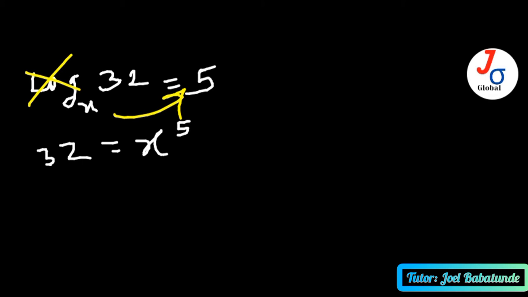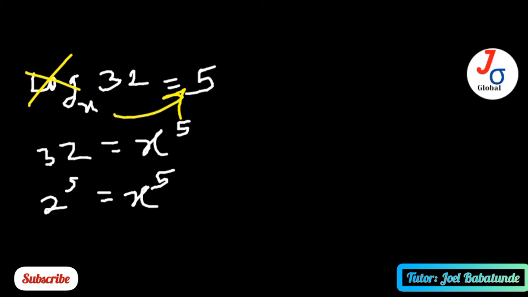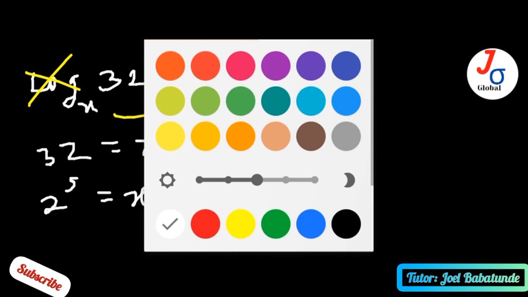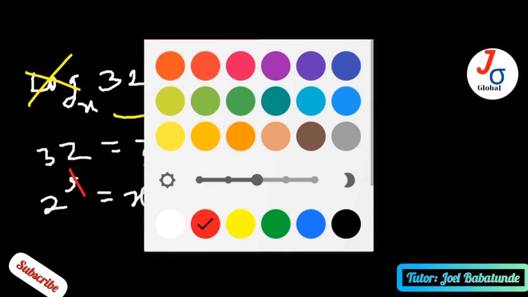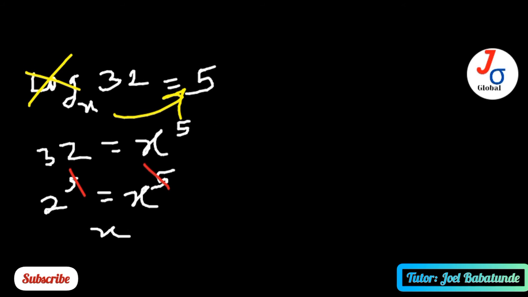All right, so what raised to the power of 5 would actually give us 32? That's 2 raised to the power of 5 will give us 32. So you have 2 to the power of 5 and you have x to the power of 5. Since they have the same power, we could cancel that, and we have x equals 2.